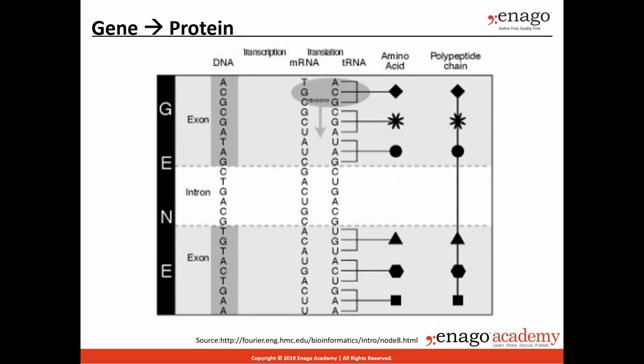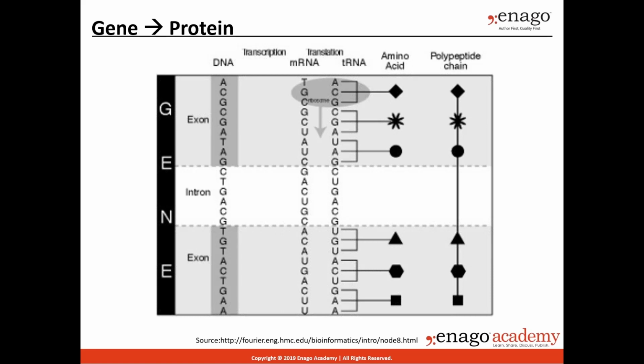This is just a little diagram reminding us of how that gene actually produces a protein. So if you look to the left side, we have the gene, exon, intron, exon. And as you know, it's the exon that's going to be transcribed into the mRNA.